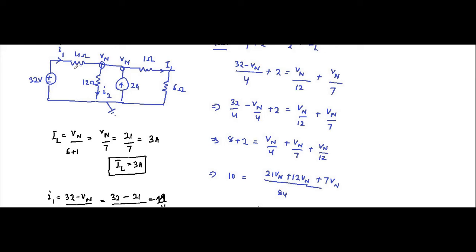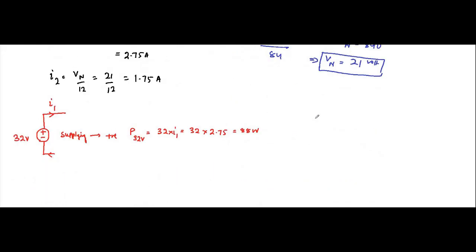Then the 4 ohm resistor, it is absorbing power. Resistors always absorb power. I1 current is flowing through it, positive to negative, absorbing power.